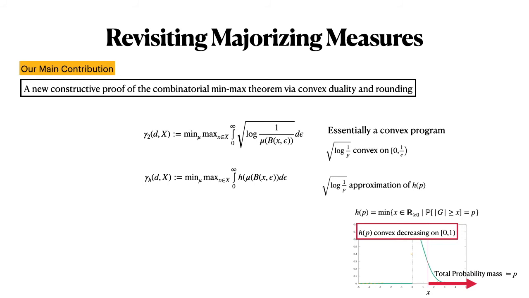This function is convex and decreasing on the whole interval 0 to 1, so this fixes this annoying issue. And now one can work with this more general function gamma h, which is convex. In particular, if one replaces the Gaussian random variable g with an arbitrary symmetric log-concave random variable, everything in our proof still works. So this works for a more general class of densities than just Gaussians.